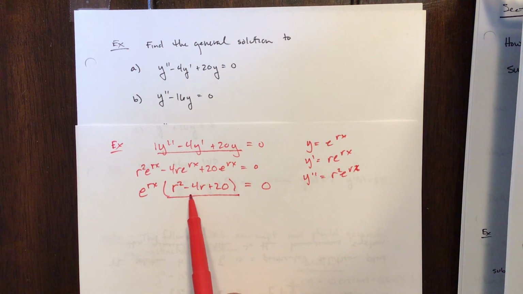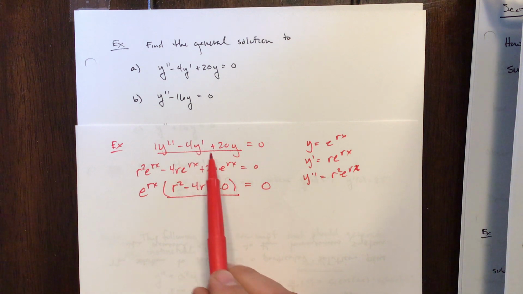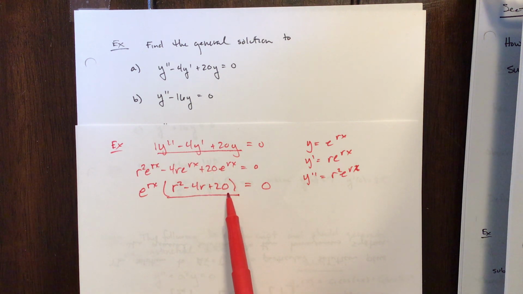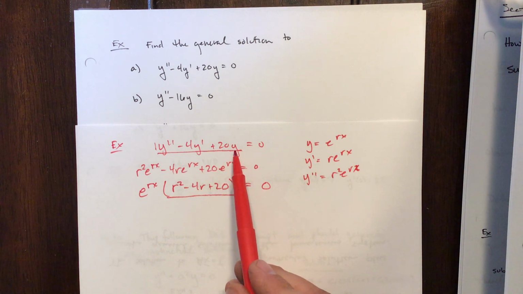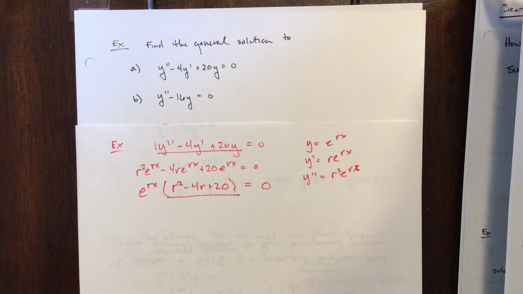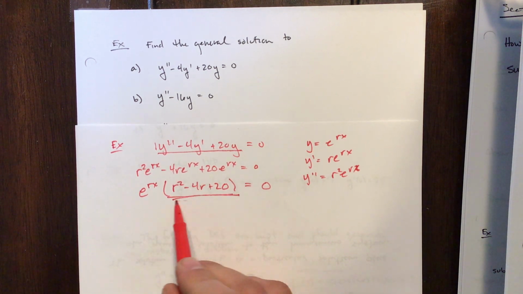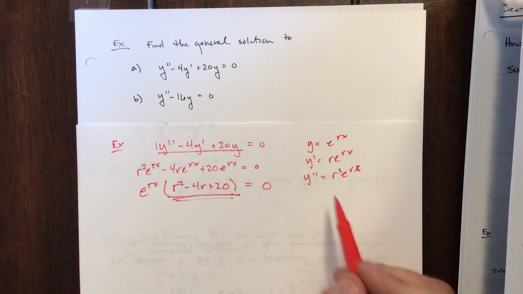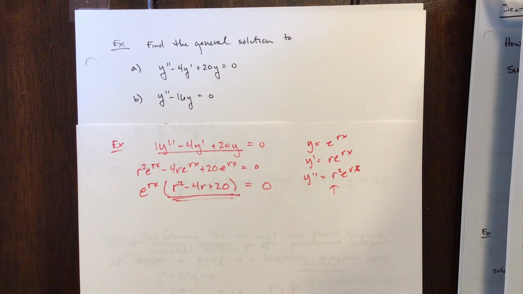The coefficient on r is the same as the coefficient on y prime, and the r to the 0 term is the same as the coefficient on y without a derivative. Okay, so henceforth and forevermore, we can jump straight from the initial example to what our auxiliary polynomial is without having to do this intermediate step.